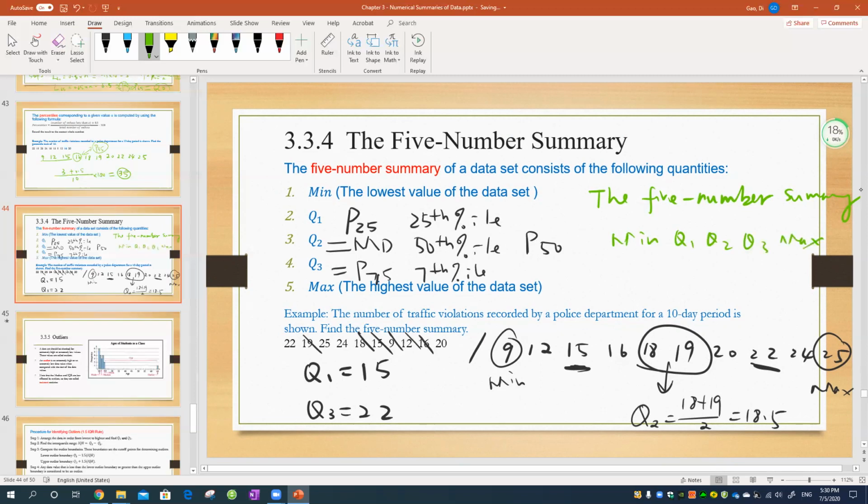And the corresponding values are 9 for the minimum, 15 for Q1, 18.5 for Q2, 22 for Q3, and 25 for maximum. So this is how you write down the five-number summary when you answer this question.